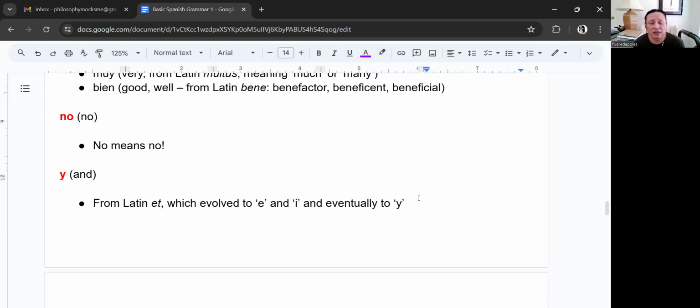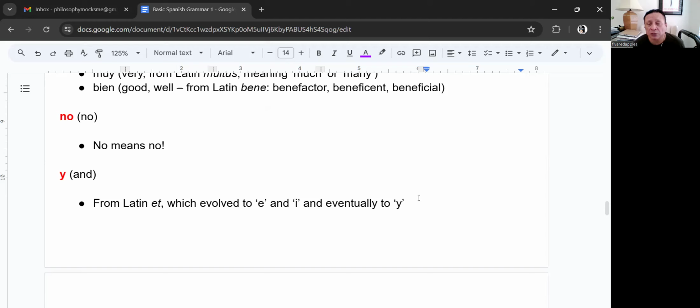Okay, y comes from the Latin et, which later became shortened to just e, and then in some places i. So e and i meant and in a lot of places, and then that somehow became the y in Spanish, which we pronounce as e. That y that makes the e sound is common in a lot of languages.